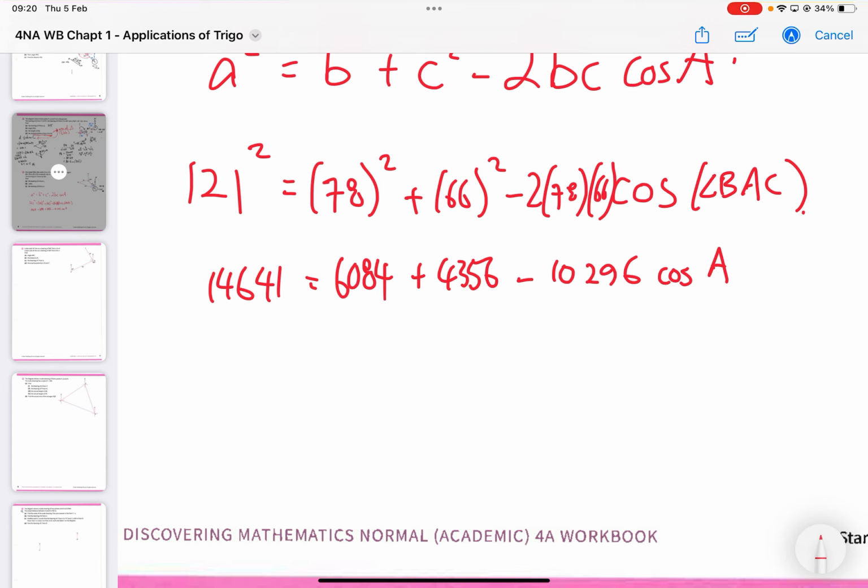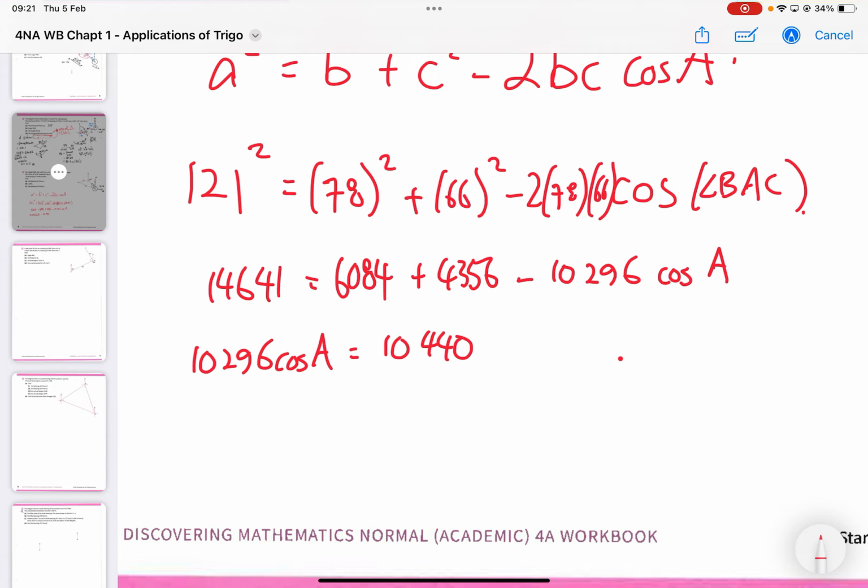When I move it to the left, I will have 10296 cosine A. 6084 plus 4356. When I add them together, 6084 plus 4356 equals 10440.